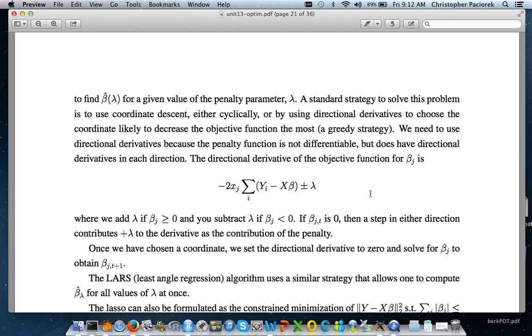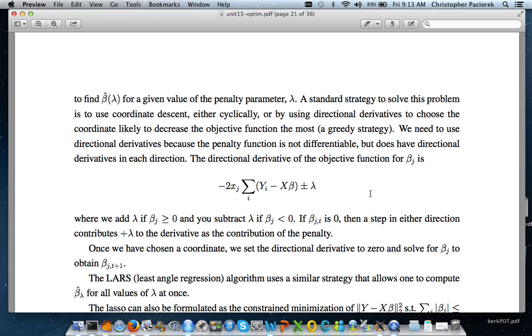So there's a coordinate descent approach to solving this Lasso problem, and it basically amounts to, given the location where you're at, you get all the directional derivatives, and you figure out which one is headed most steeply downhill, and then you choose to do a one-dimensional search in that direction. So that's the basic algorithm that gets used.